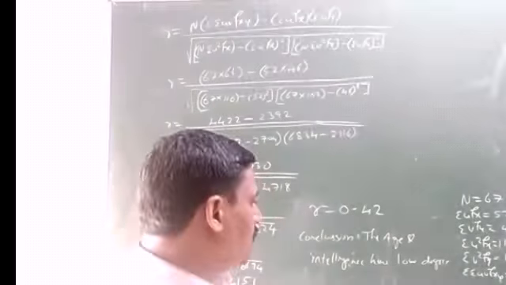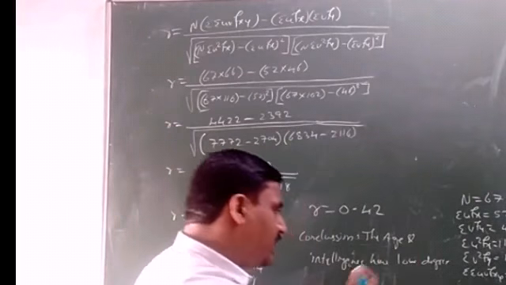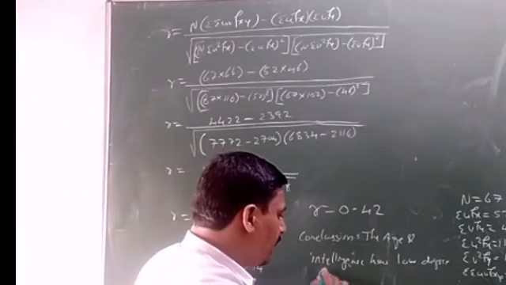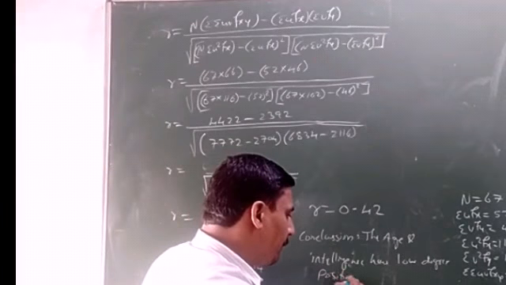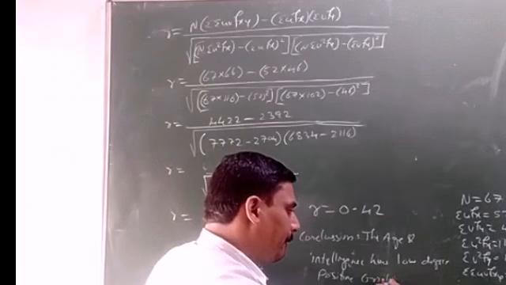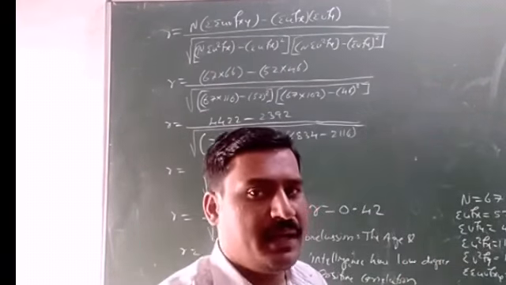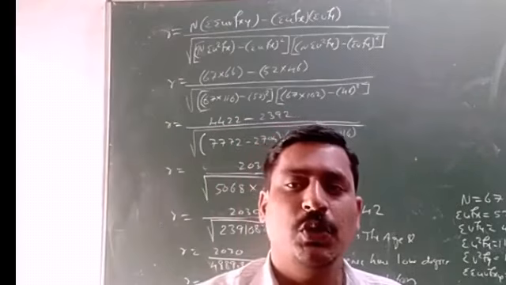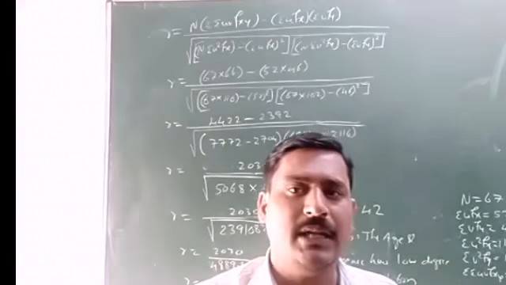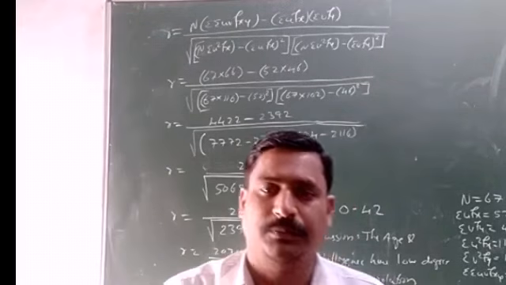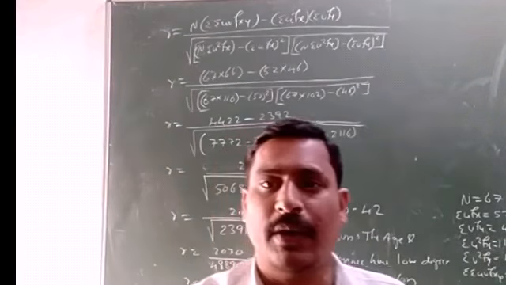So age and intelligence have low degree positive correlation, or there is a low degree positive correlation between age and intelligence. This is how we need to write the comment.